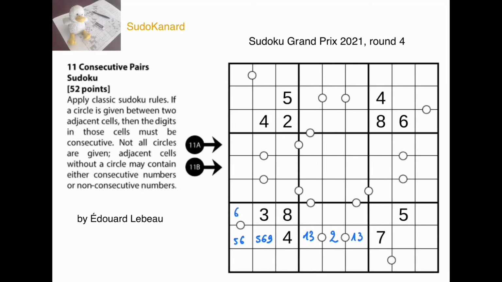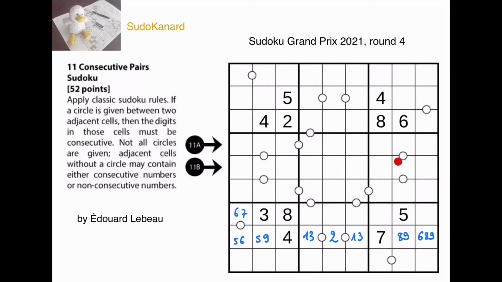And 6 can't be with a 7. 6 can't be with a 5 because 5 is here, so 6 would be with a 7. And we see that in both cases, 6 is here, so 6 can't be in this cell. So this is either 5 or 9. And here we don't have a 5, it will be 6, 8 or 9, so 8 or 9 here, 8 or 9 here.